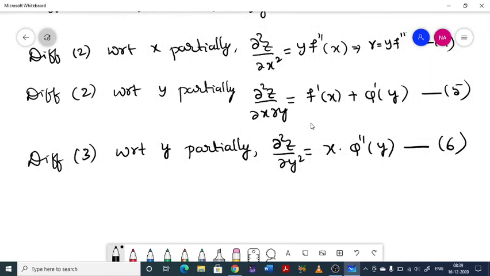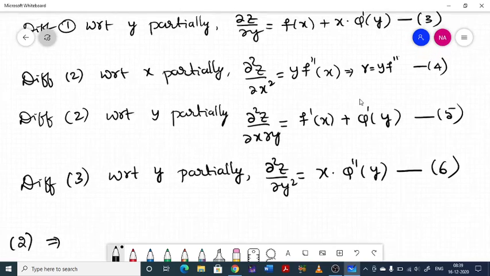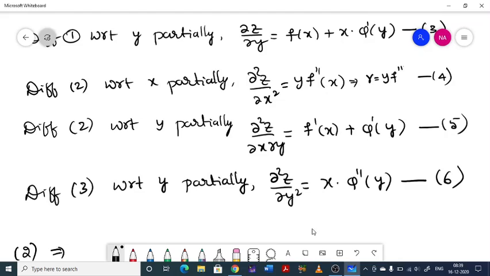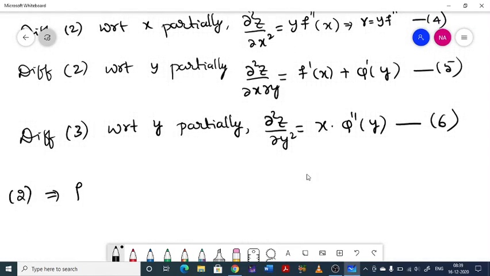Now from equation 2 we have f'(x) equal to, this equation I am going to use explicitly. From this f'(x) I get φ'(y), then I will substitute here. So f'(x) equal to ∂z/∂x minus φ(y), divided by y.